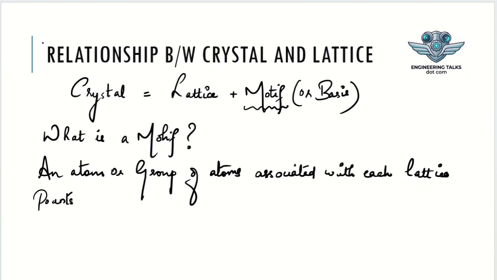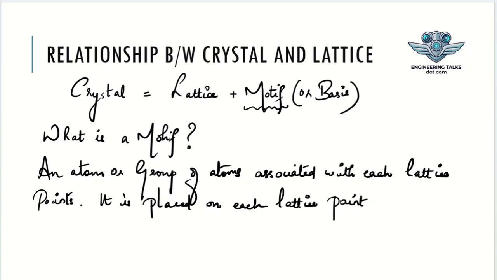So these lattice points have to be replaced with the motif in order to generate the actual crystal. So it is placed on each lattice point to generate the actual crystal, to form the actual crystal structure.